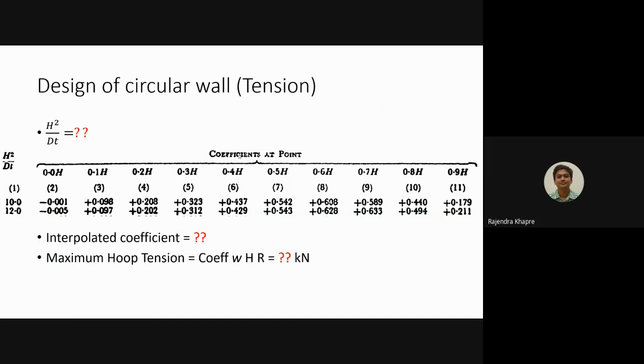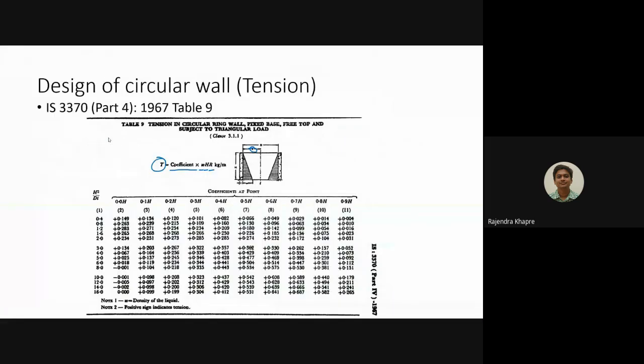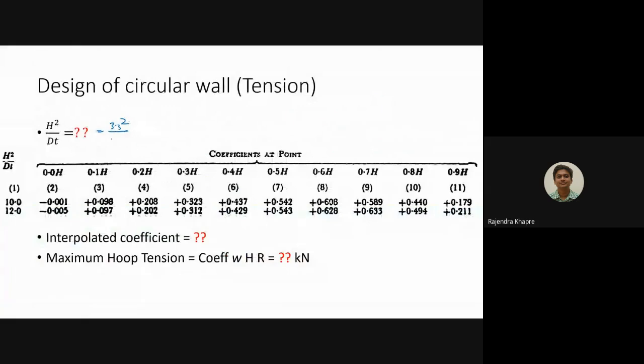So for h square by dt, h is 3.3 squared. Diameter, how much have we taken? I think 6.6, and the thickness I think is 0.15. So how much is the h square by dt value?